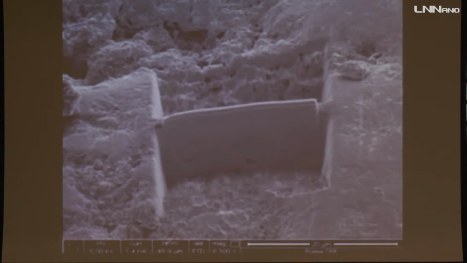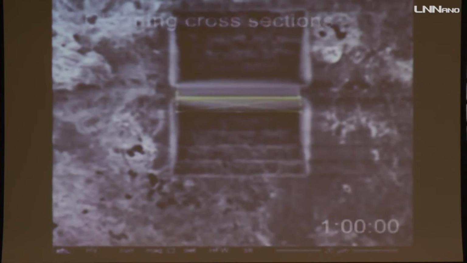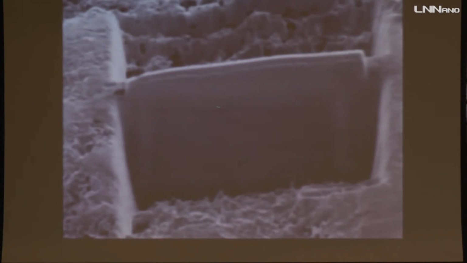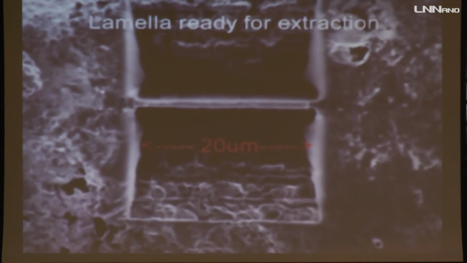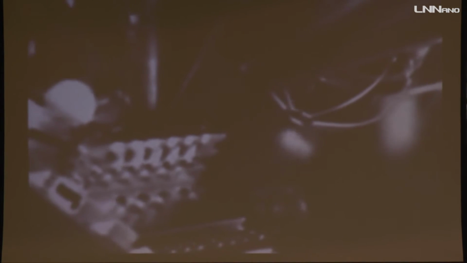And then it goes excavating the material. And then people do the cleaning of this cross section. Here we have 20 micrometers in lateral dimension and 10 micrometers in this direction. Now you have a lamella ready for extraction, very thin now.